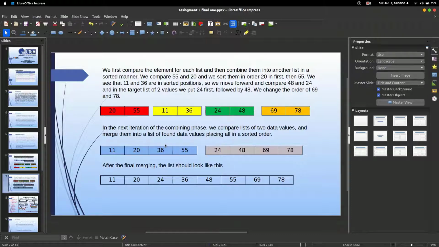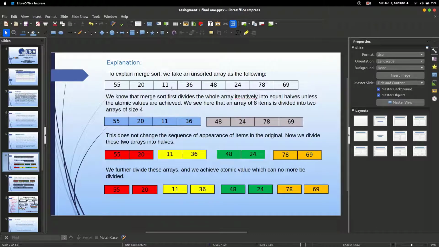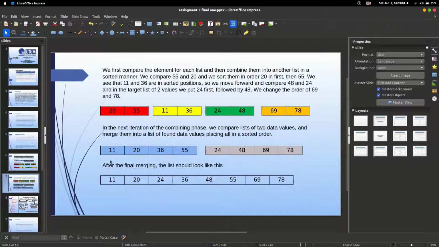So first we are dividing everything, and while we are merging, we are performing our sorting, and finally we have the result.